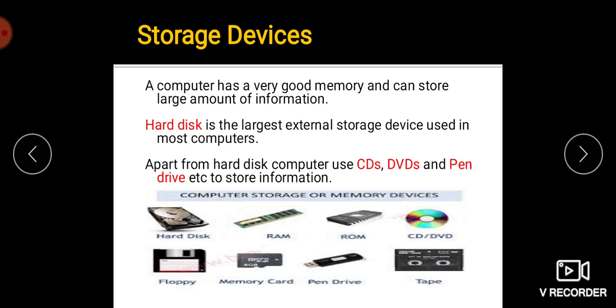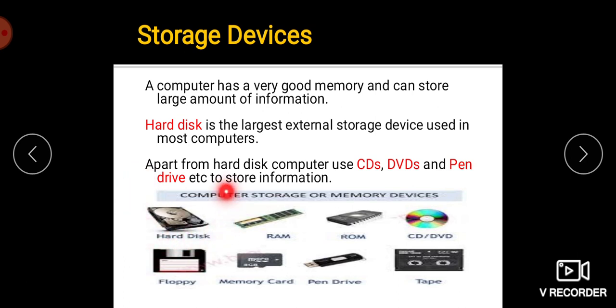Okay, there are other storage devices also apart from hard disk. Computers use CDs, DVDs and pen drives etc. to store information, and with the help of these CDs, DVDs, pen drives, we can move our data where we want to move it. So you can see some pictures here.